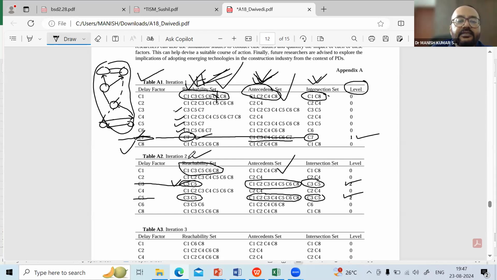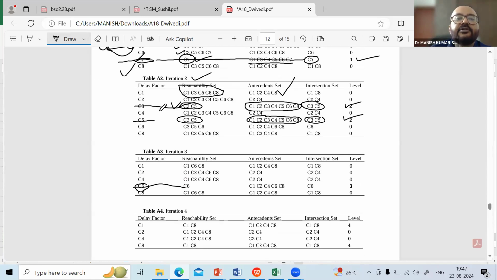Right? So now again you do it for all, and then you get some commonalities. The commonality should be such that all the members of the reachability set belong to the antecedent set, so that these two will be taken common, and this will become level 2 here. When level 2 is done, we eliminate C1, C3 and C5.